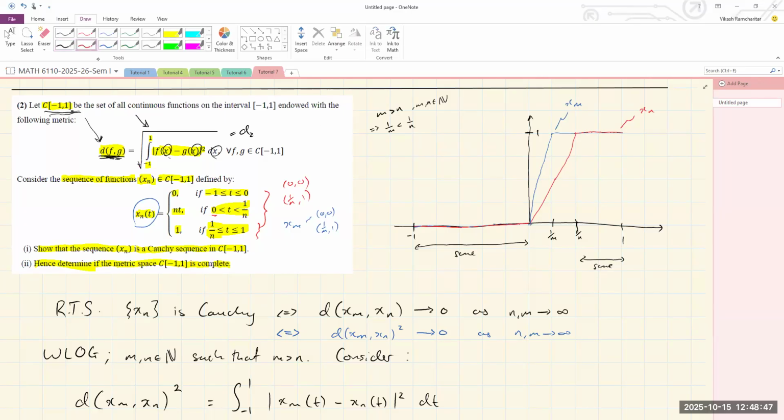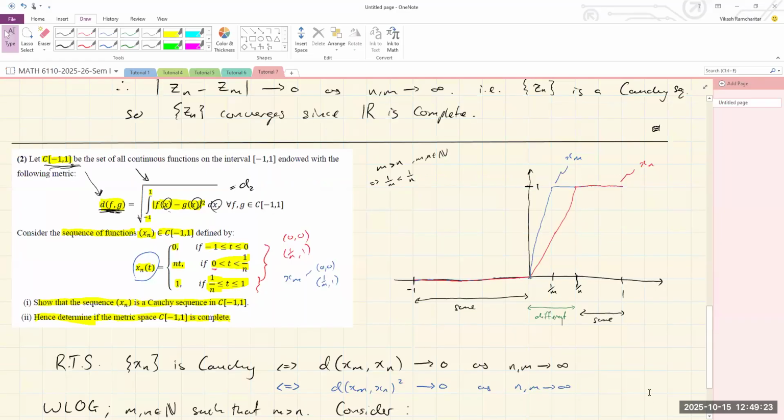So the integral reduces to an integral over 0 to 1 over n, because it's over here where they are different. If two functions are the same, the integral of their difference is 0, so there's no need to integrate from -1 to 1. We could just integrate from 0 to 1 over n.